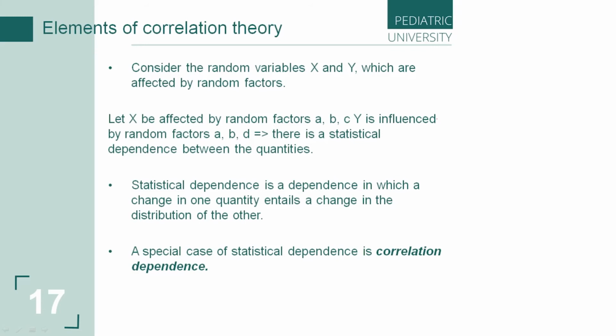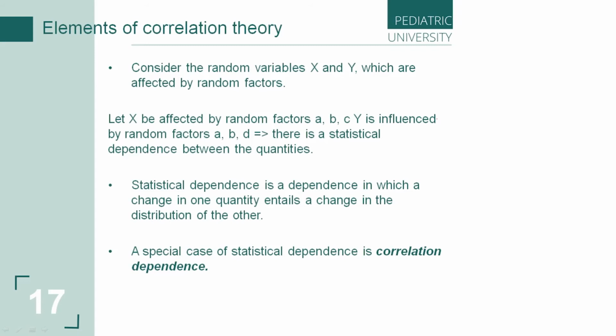Statistical dependence is a dependence in which a change in one quantity entails a change in the distribution of another quantity. A special case of statistical dependence is correlation dependence.